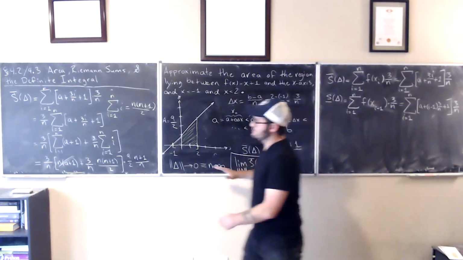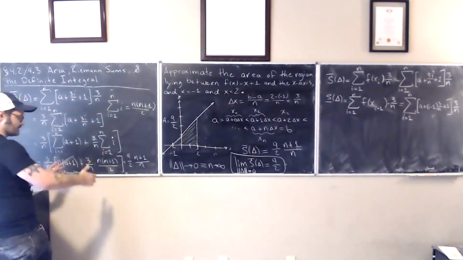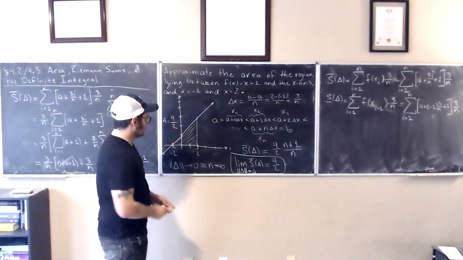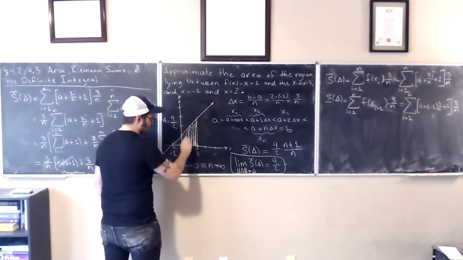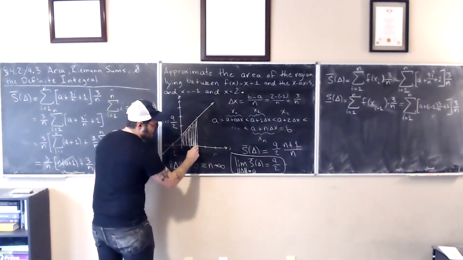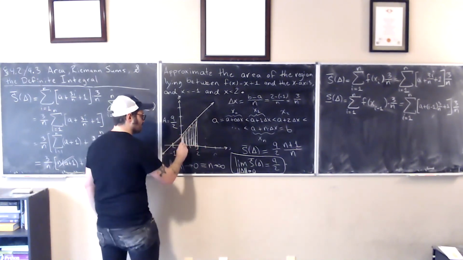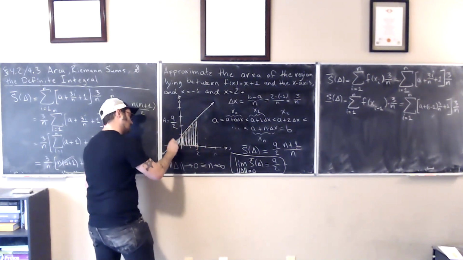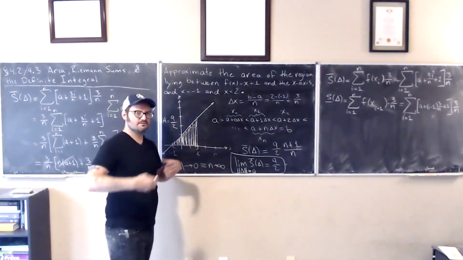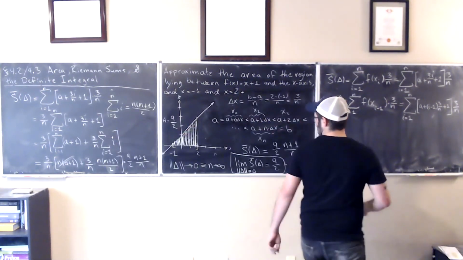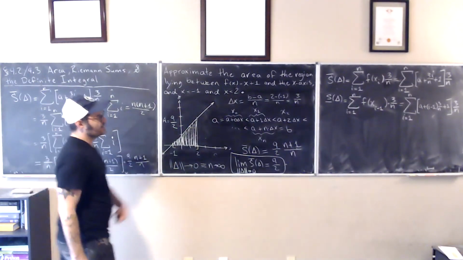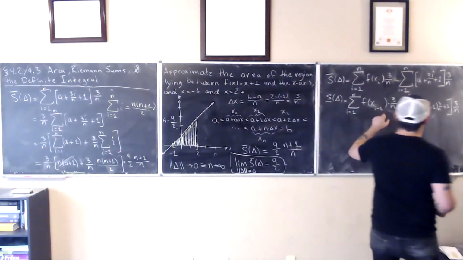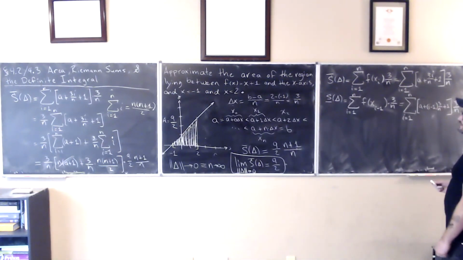So even though we didn't invoke anything other than rectangles, if we make the intervals infinitely close together, that limit tends towards the actual answer. And it turns out if you work it out for this sum, it also converges to 9/2.